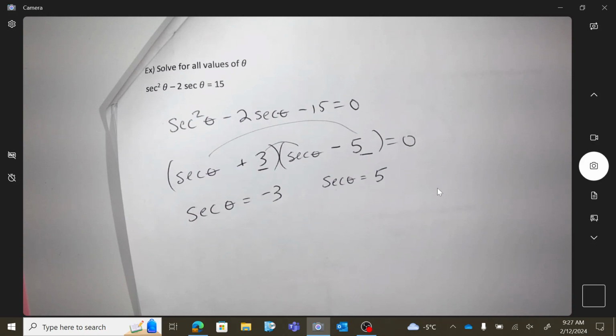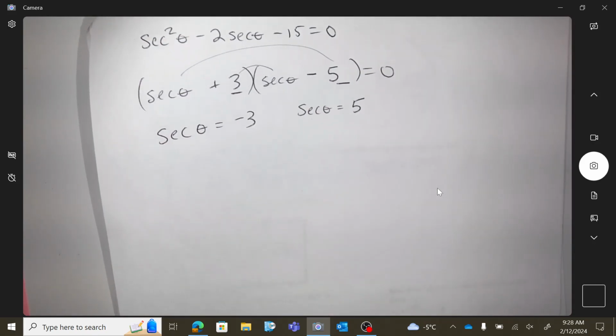So now your trig values are -3 and +5, because that's the number that would make a 0 out of the brackets, right? Okay, now we ran into the same problem as last time.